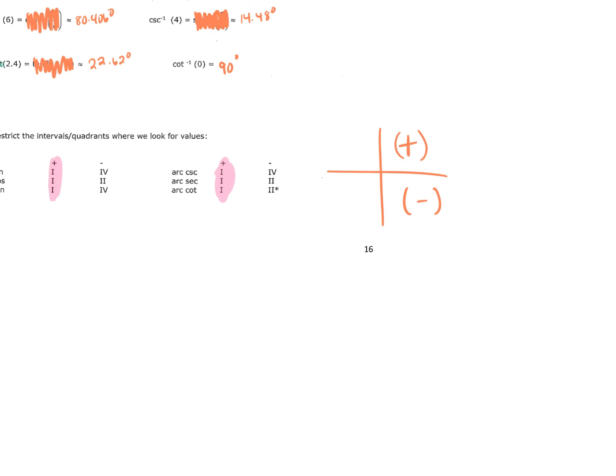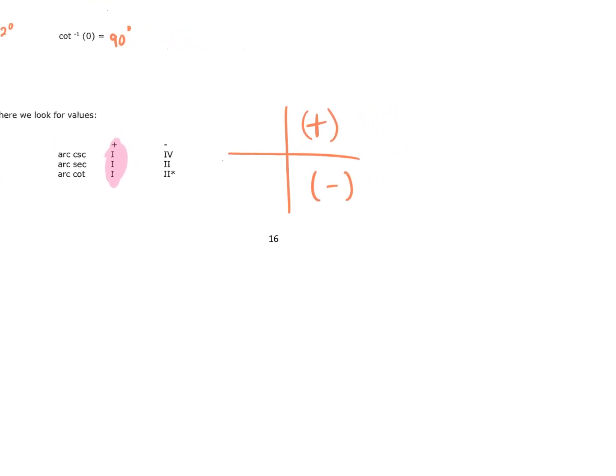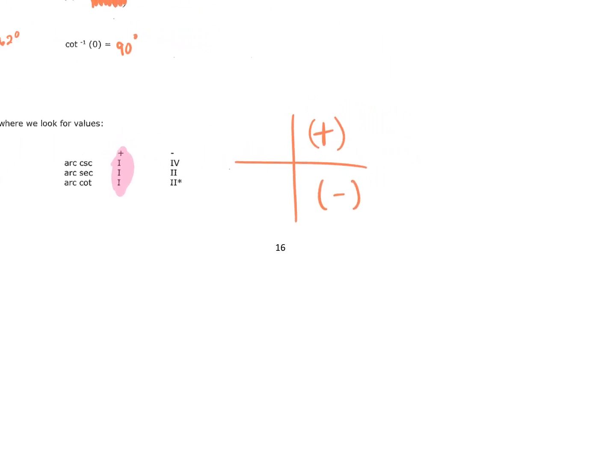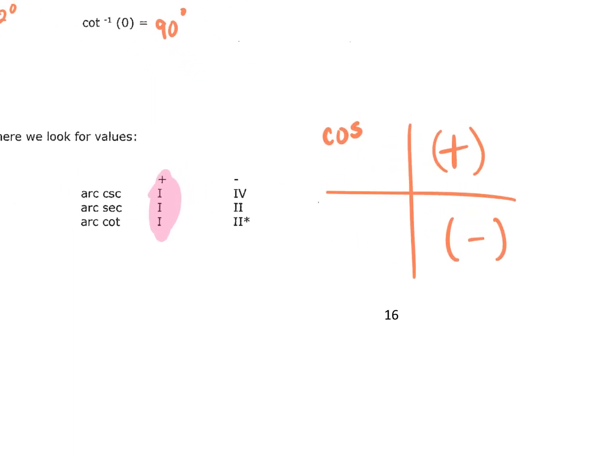If you go back to your all students take calculus that I explained previously, what this is telling us is cosine values are positive in quadrant 4. So obviously we can't look for a negative cosine value in quadrant 4, so we're going to have to look elsewhere. So cosine and its reciprocal, if it's negative, we have to look up here in quadrant 2.